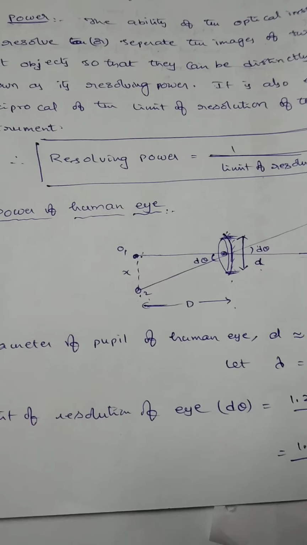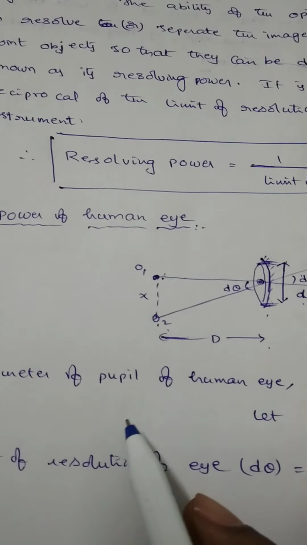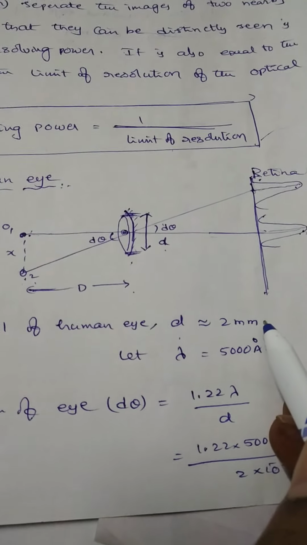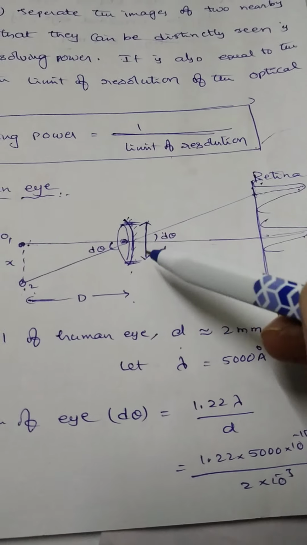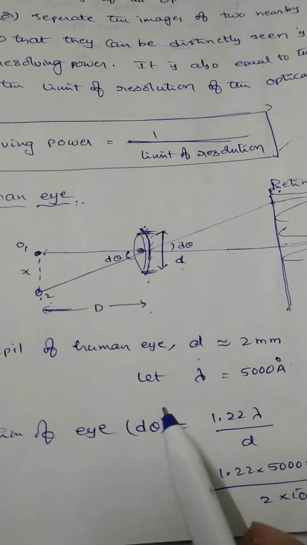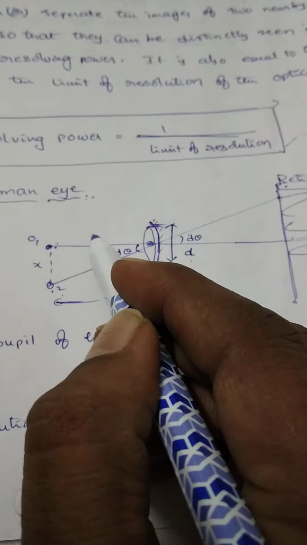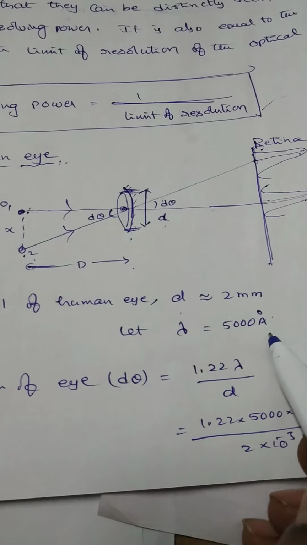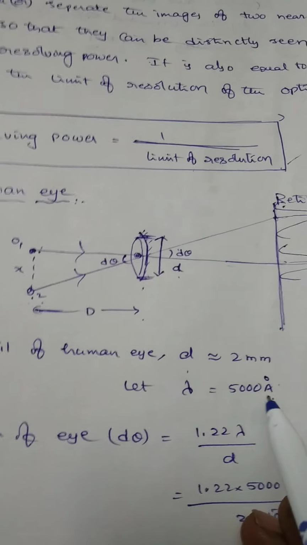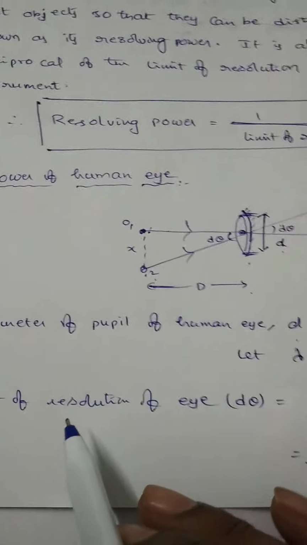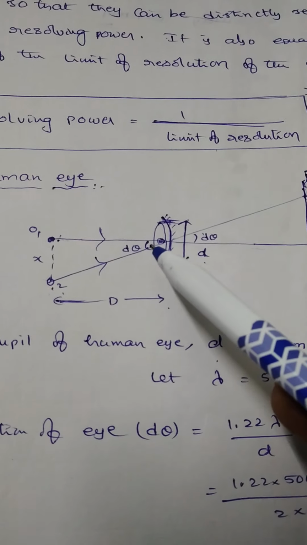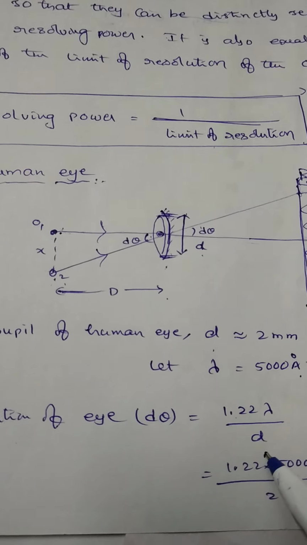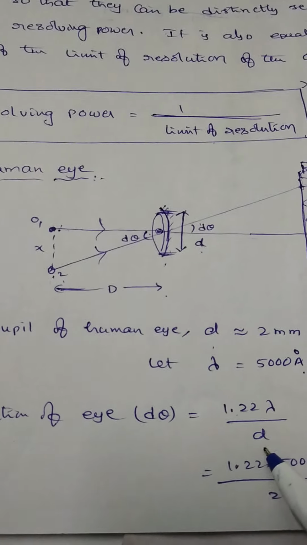Here, the diameter of the pupil of the human eye is approximately 2 millimeters, from the experimental value. Let us suppose light of wavelength lambda equal to 5000 angstrom units, visible light, is incident on the pupil. Therefore, the limit of resolution of the eye, d theta, is equal to 1.22 lambda by A, very similar to the telescope.